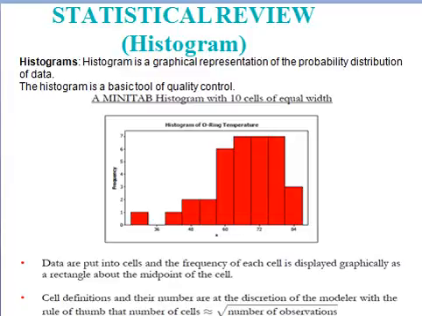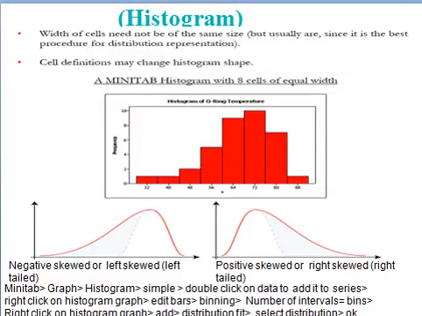As we mentioned before, the number of cells, the number of bars or number of bins is basically the square root of the total number of observations in the data set. If most of the mass is on the right hand side, then I can say that my histogram is negative skewed or left skewed, or a left tailed histogram. On the right hand side we have another histogram.